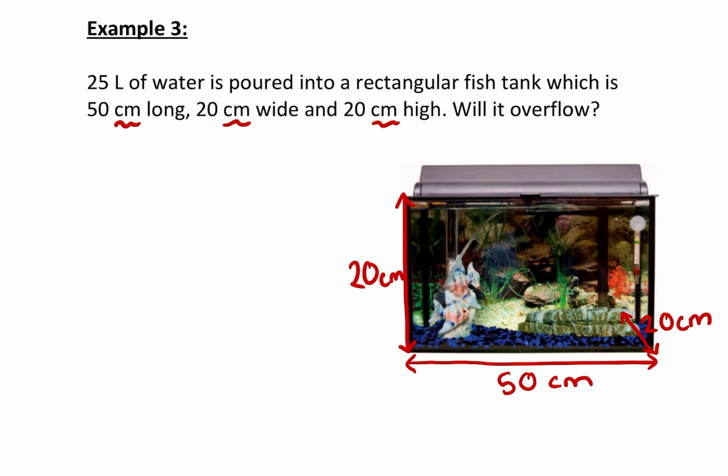So first of all, let's find the volume of this prism. And it's a rectangular prism, it's a rectangular fish tank. So volume for a prism is going to be the area of the base times the height.